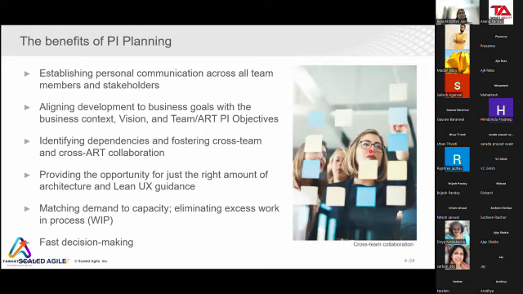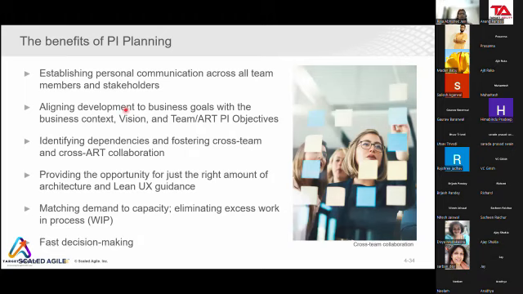Before going to the PI planning, I want to discuss some benefits of the PI planning. Since all the teams come together and plan together, it establishes personal communication across all the team members and stakeholders, because most of the time it is either a co-located meeting, or even if it is web-based, you can see each other's face. So personal communication becomes better because all the teams plan together.